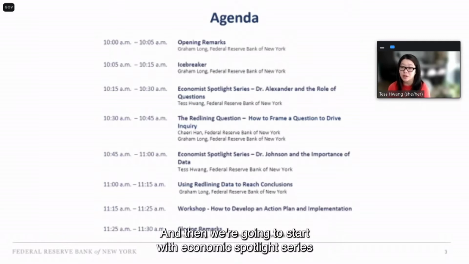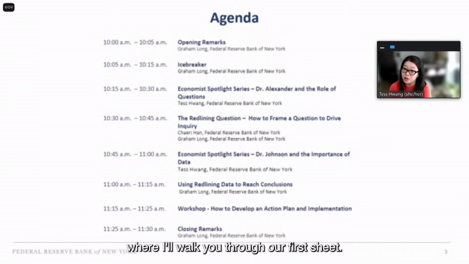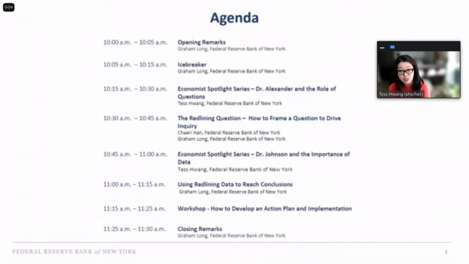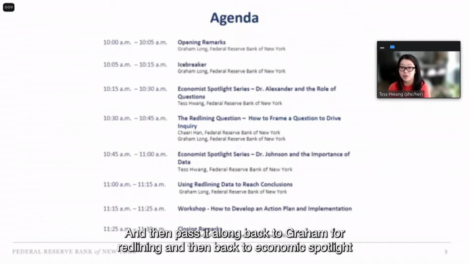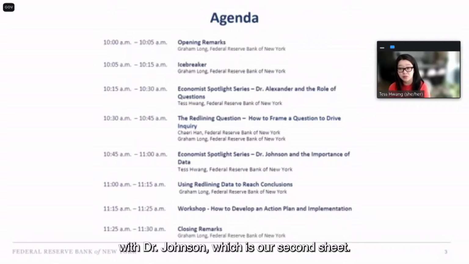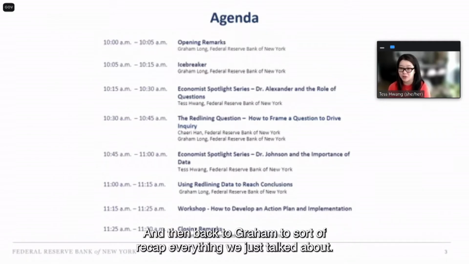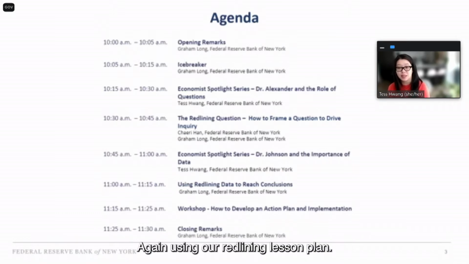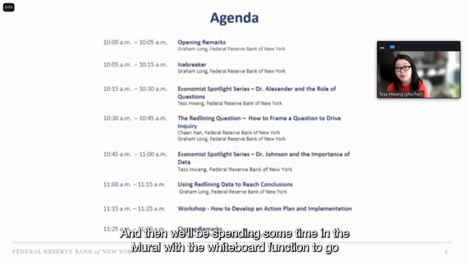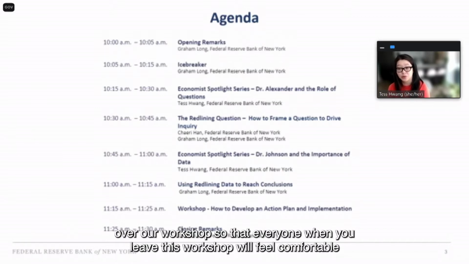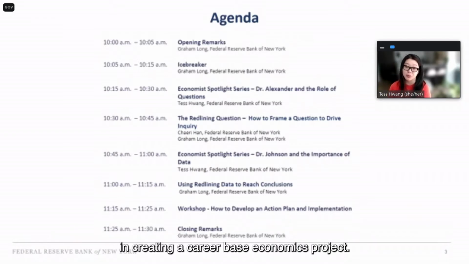Then we're going to start with the Economist Spotlight series, where I'll walk you through our first sheet, and then pass back to Graham for redlining, and then back to Economist Spotlight featuring Dr. Johnson, which is our second sheet, and then back to Graham to recap everything we just talked about, again using our redlining lesson plan. Then we'll be spending some time in the mural with the whiteboard function to go over our workshop, so that everyone, when you leave this workshop, will feel comfortable creating an inquiry-based economics project.